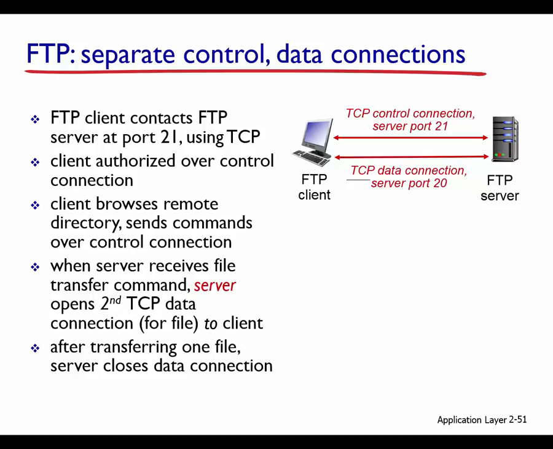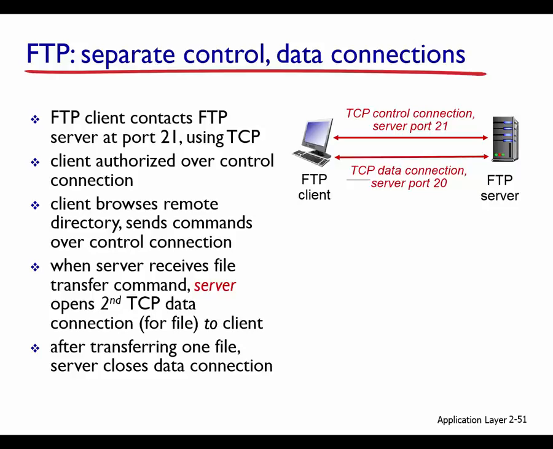Basically there are two different connections, a control connection and a data connection. So what happens first is the FTP client contacts the server at port 21. This is all done over TCP. Obviously, we don't want to lose data, so we want a reliable transport protocol.